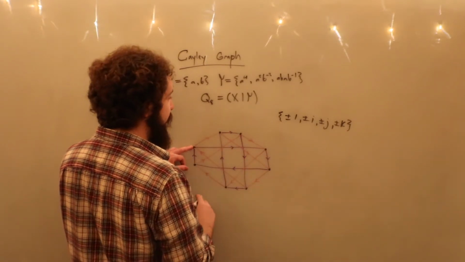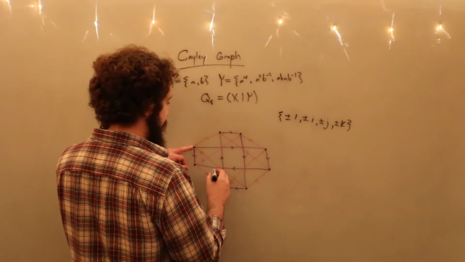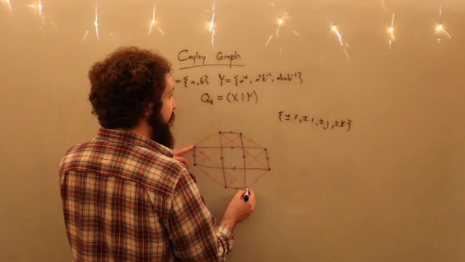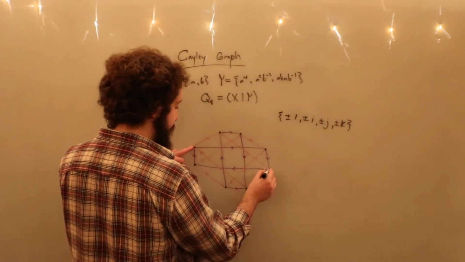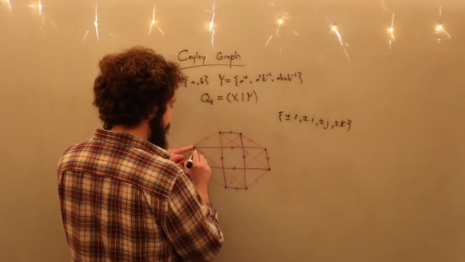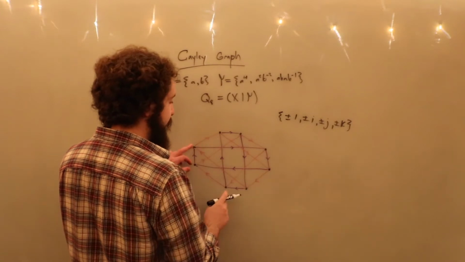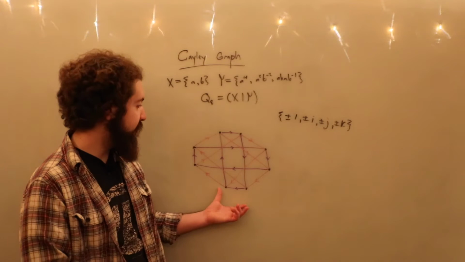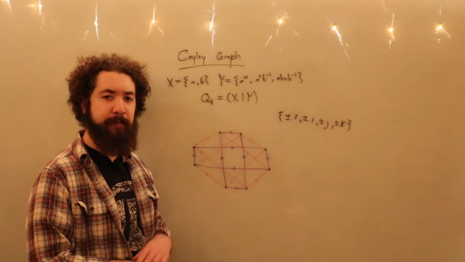Exactly where we started. Equivalently, I could have said, let's take b inverse, and then take b inverse again, and then take a, and then take a again. And that does get us back to where we started. And once again, by symmetry, you can see that this is true at every point.